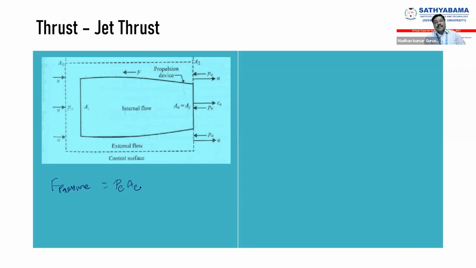Then we also have to worry about the ambient pressure, so we add the ambient pressure, and we have the area difference, which is the area at inlet minus the area at exit.